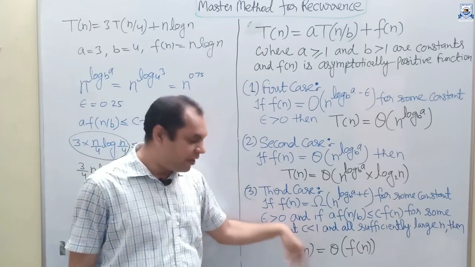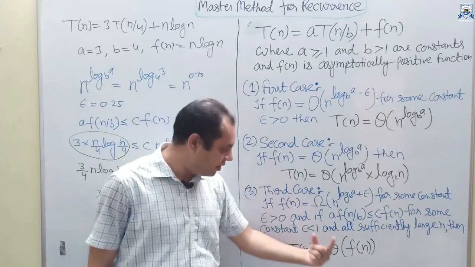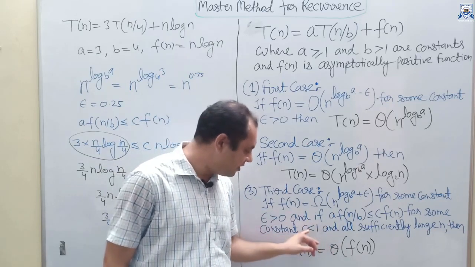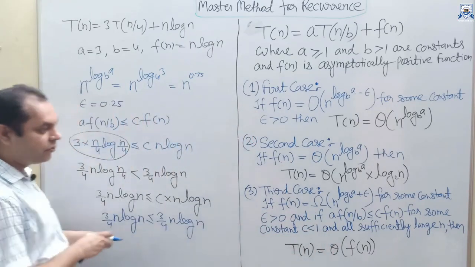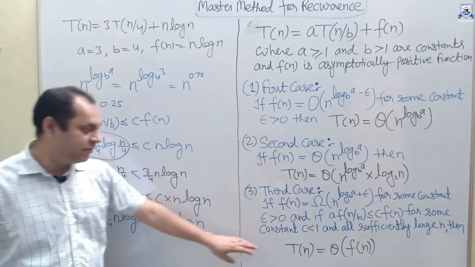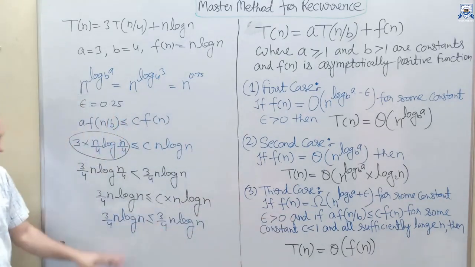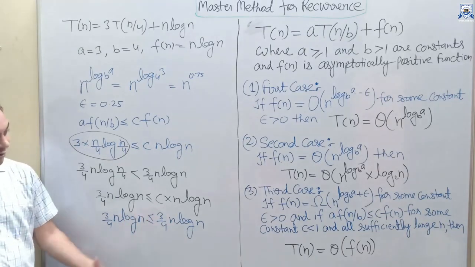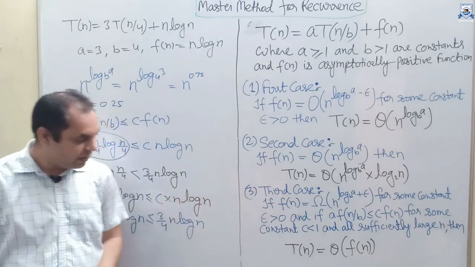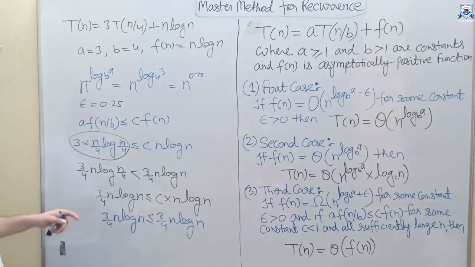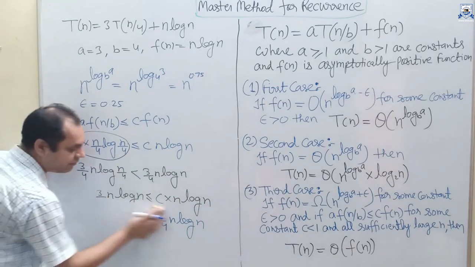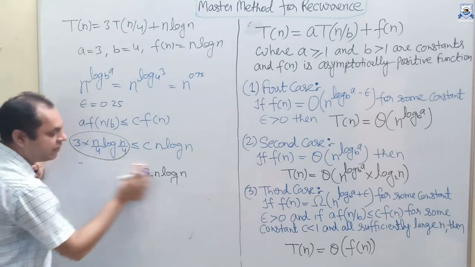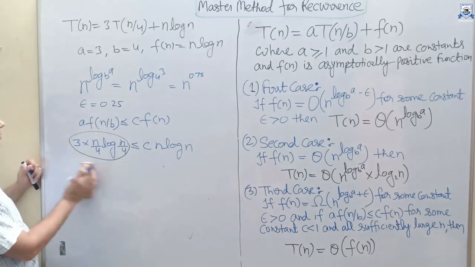That means for any constant which has a value less than 1, if both quantities become equal, that means we have found our c. So in our case it is 3/4. For 3/4 this inequality holds, so in other words the value of c is 3/4.